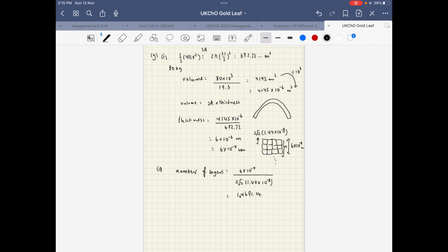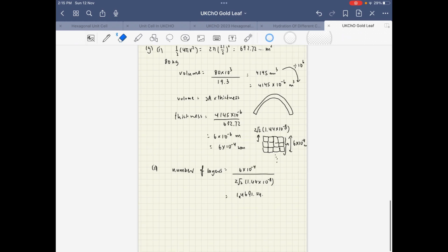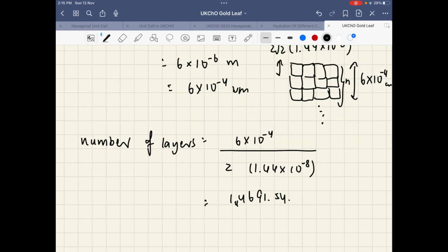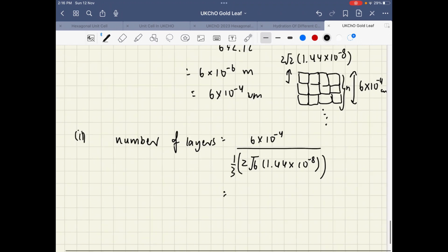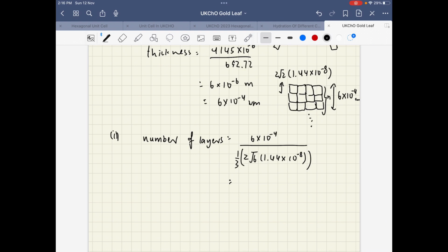So I have to change my answer here a bit. So the number of layers would be the thickness of the gold layer divided by 2 square root 6 times r, and this is 1/3 of the diagonal of the unit cell, so I have to consider that as well.